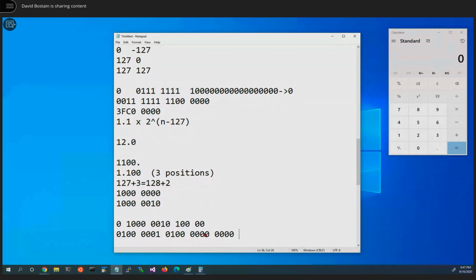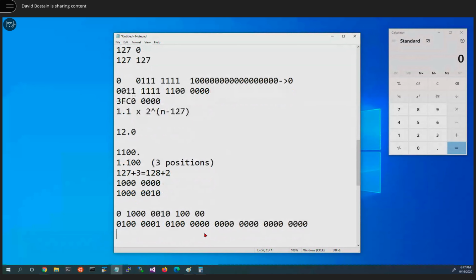And of course, we need 4 more of those to have our 24 bits, and also so the whole thing is 32 bits. So what is this number in hex? It's a 4, 1, 4, 0, 0, 0, 0. One more, 0. Have to have that many. So in order to encode the number 12, we would use this encoding right here.